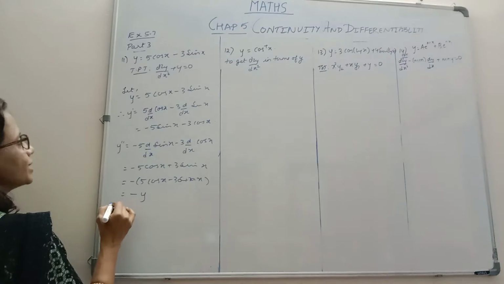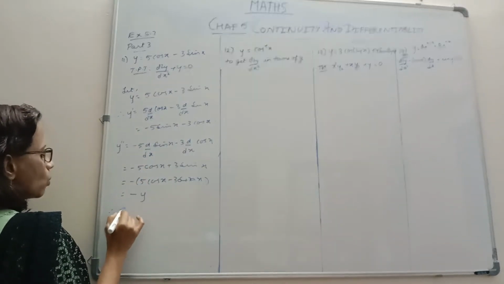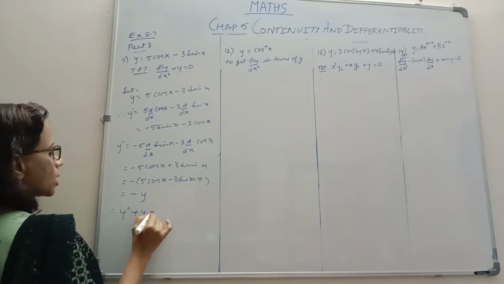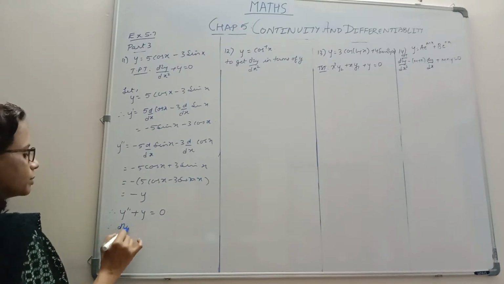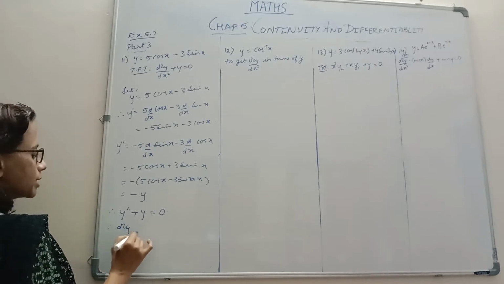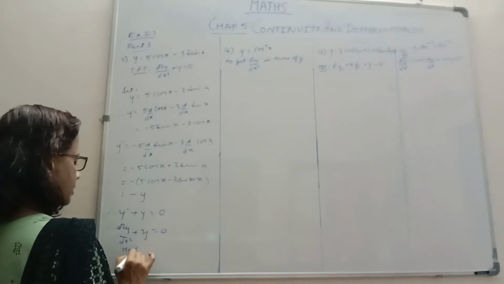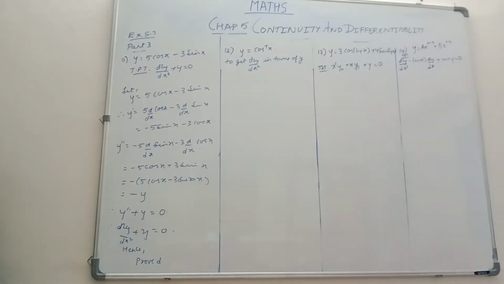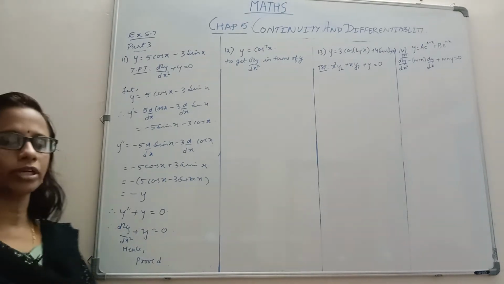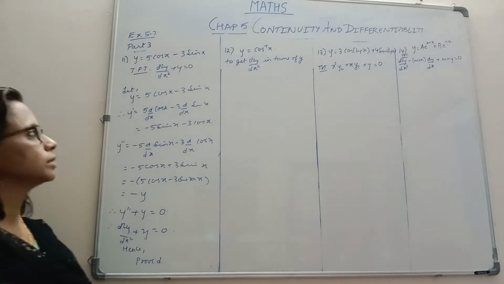So as a result, they are asking y double dash plus y equal to 0. If you take it on the other side, it becomes plus. In other words, d squared y by dx squared plus y equal to 0. That's what they asked us to prove. Hence, proved. Actually, very happy to see this problem, a simpler one after quite some time. All has been quite complicated, too much work. This is quite easy.